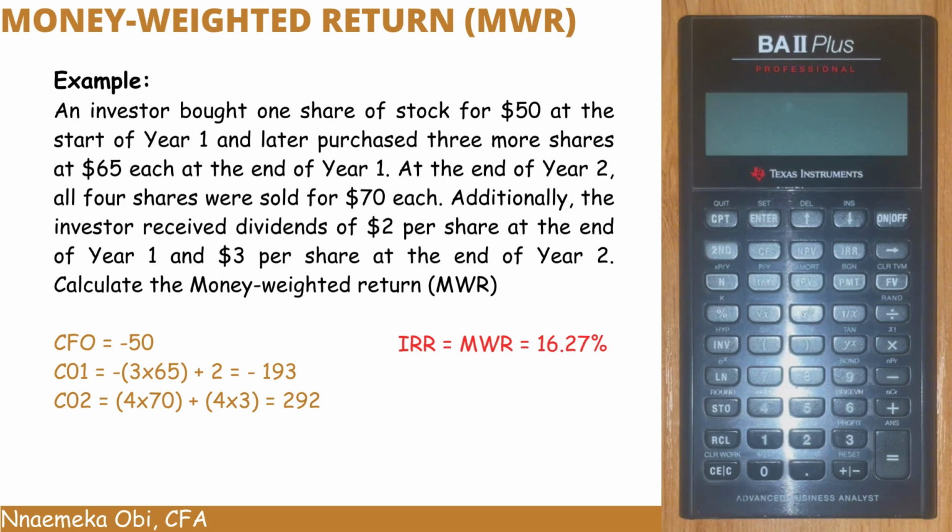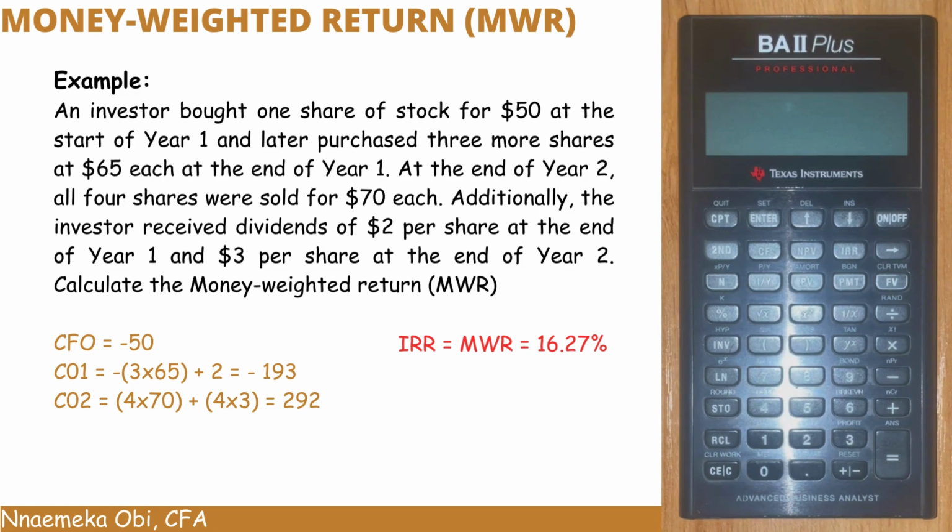Now, at the end of year one, the investor purchased three more shares. These three more shares, at $65 each, give us 195. But remember, this is an outflow, so it's going to be minus 195.